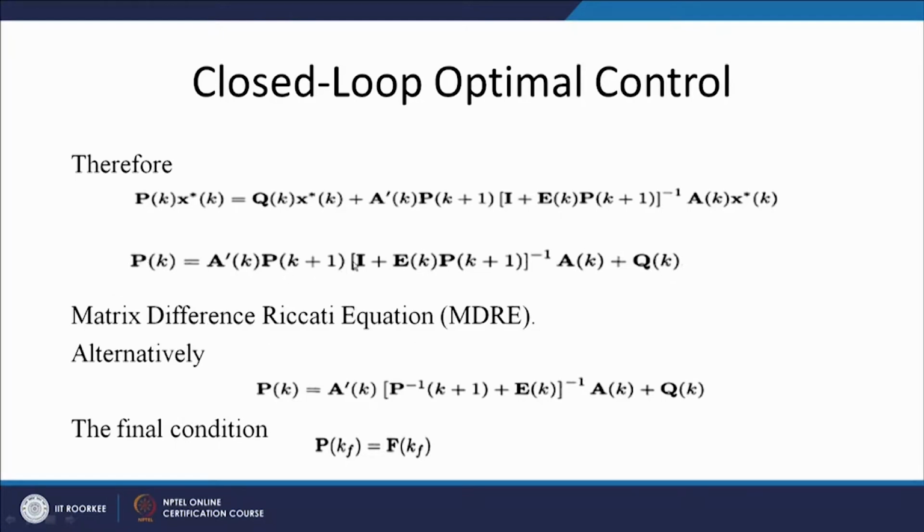If we take P inside this bracket, we can alternatively write Pk as A prime k P inverse k plus 1 plus Ek inverse Ak plus Qk, and this difference equation we have to solve backward with the boundary condition Pkf equal to F of kf.